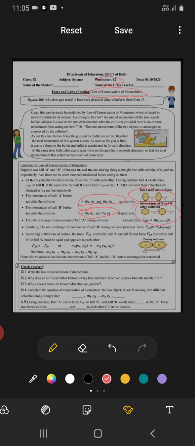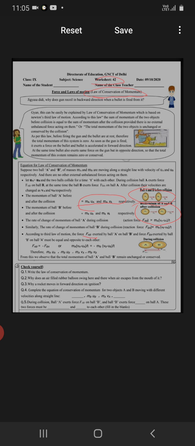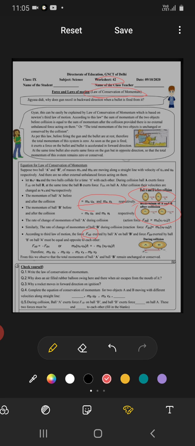The rate of change of momentum is force. When they collide with each other, there is a force acting between the two balls. Ball A exerts force on B and ball B exerts force on A. When ball A exerts force on B, it is called Fab, and when ball B exerts force on A, it is called Fba.